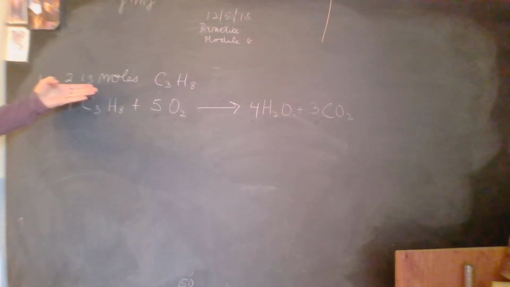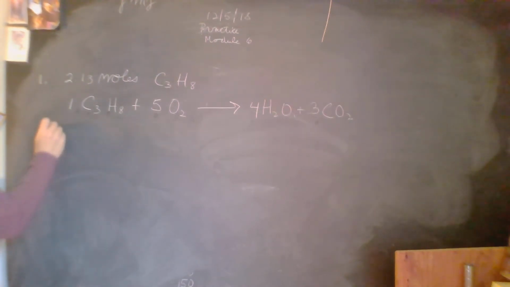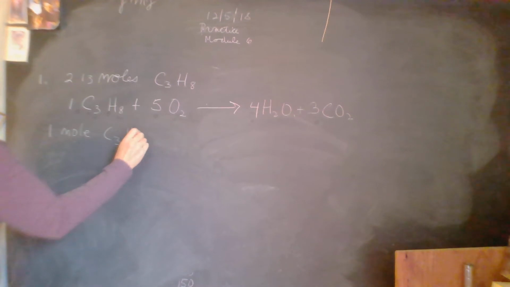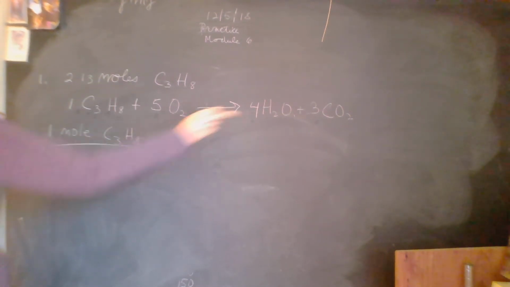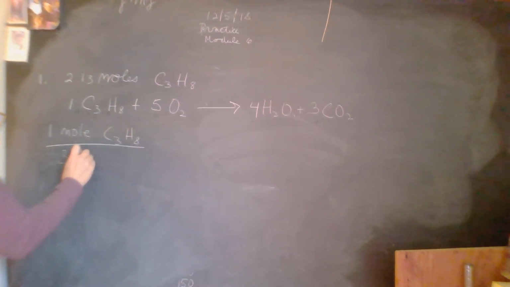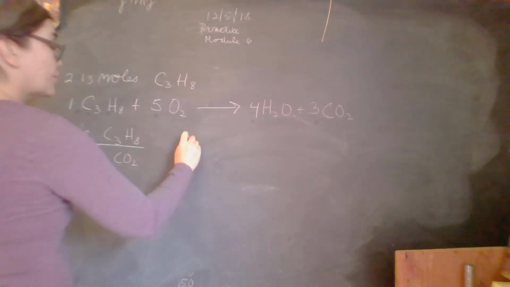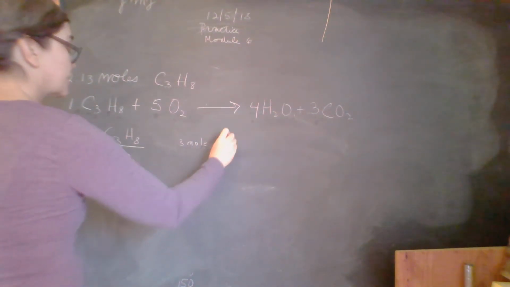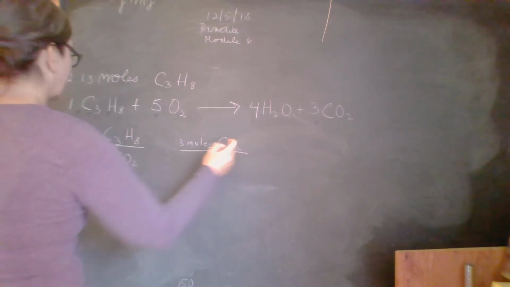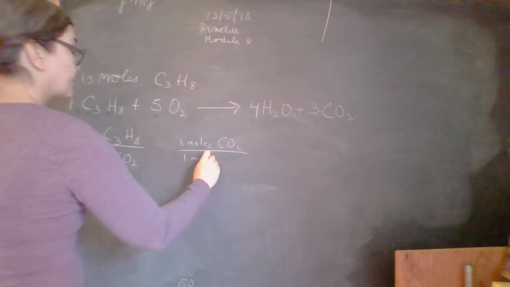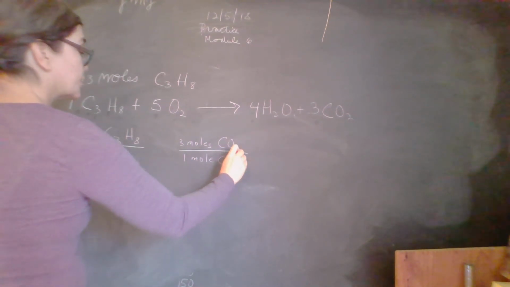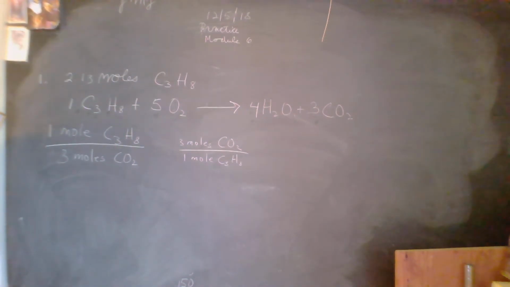So instead, I'm using 2.13. So the ratio that I'm going to come up with is for every 1 mole of C3H8, I'm going to end up with how many moles of CO2? 3. 3 moles of CO2, or for every 3 moles of CO2, I'm going to have 1 mole of C3H8. All right, so that's a 1 to 3 ratio.